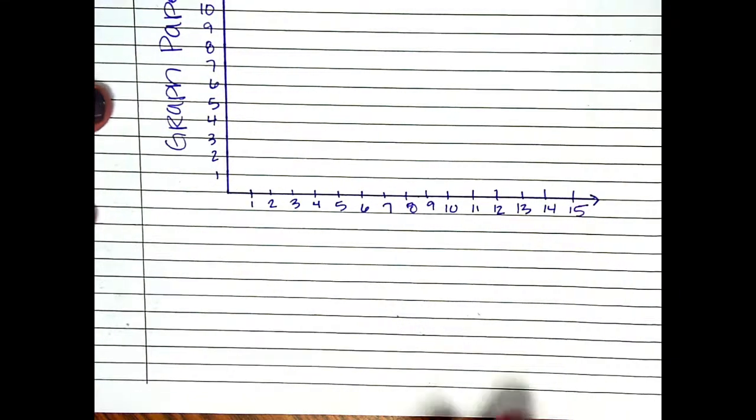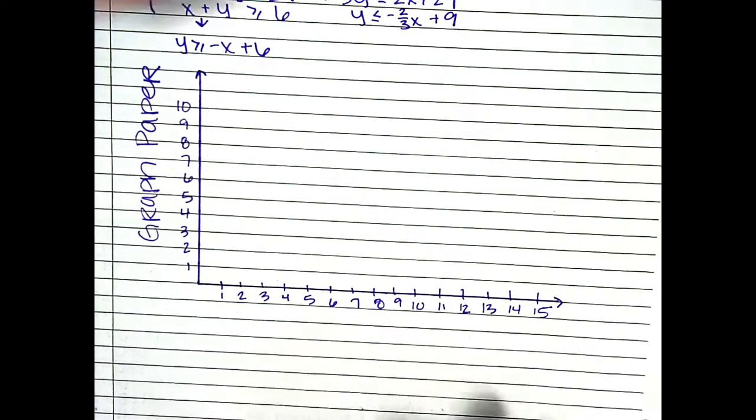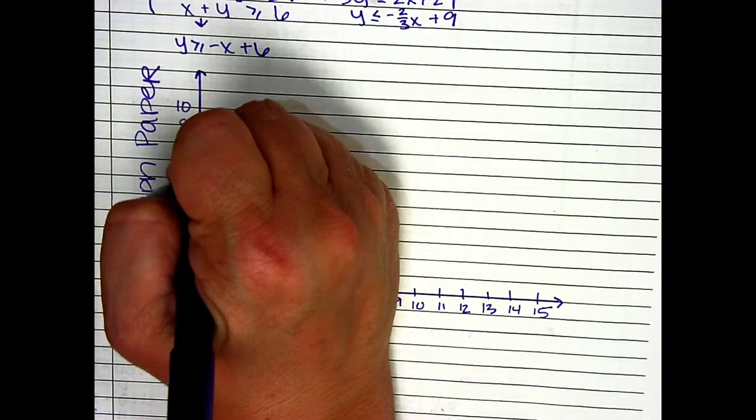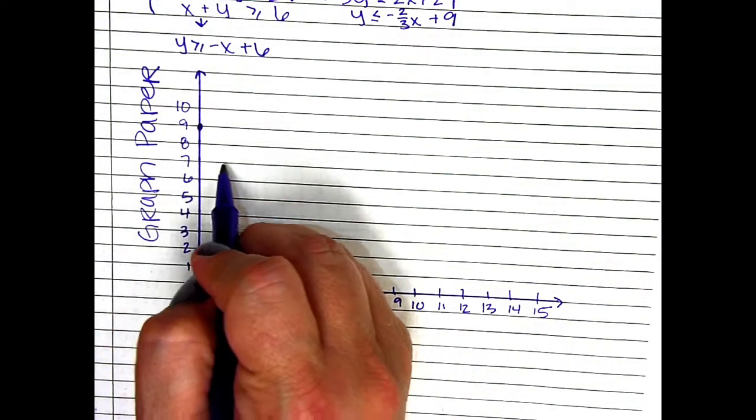So the first equation, y equals negative 2/3 x plus 9, I'm going to start at 9 and go down 2, right 3.